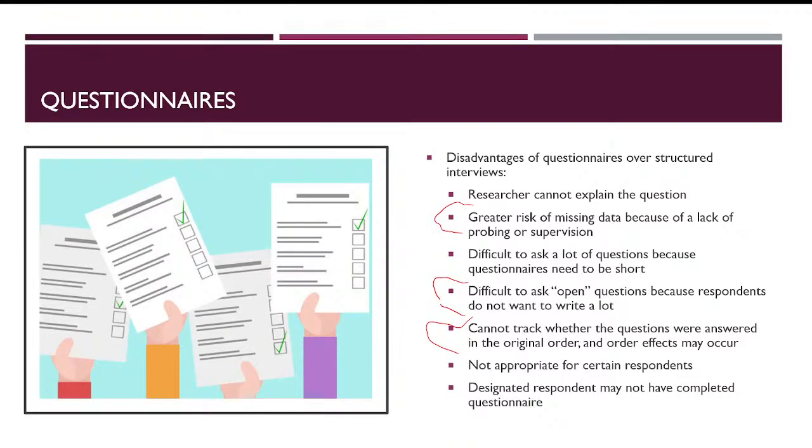If you have people with learning disabilities, it can be really difficult. You may be excluding populations where English is a second or additional language. Designated respondents may not have completed the questionnaire. Especially when we get to random sampling, you'll see where non-response ends up being a problem.